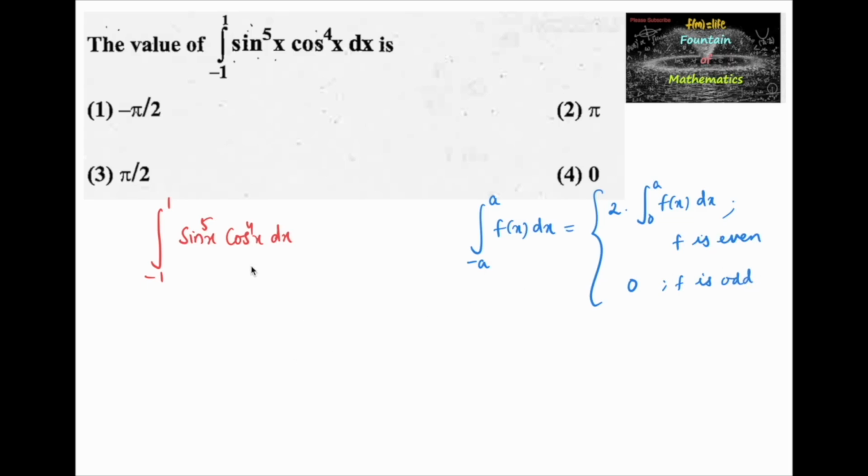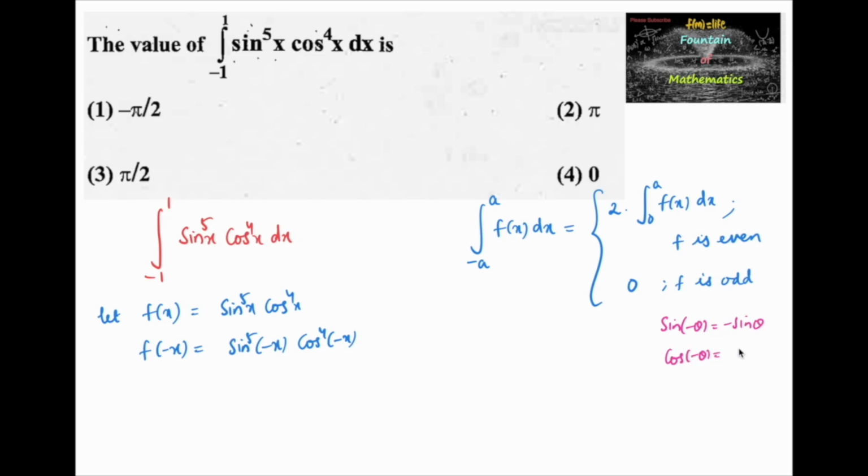So let us check whether this function f of x, let f of x is equal to sine power 5x into cos power 4x, whether it is odd or even. For that we need to take f of negative x, which is equal to sine power 5 of negative x into cos power 4 of negative x. And we know that sine of negative theta is equal to minus sine theta, and cos of negative theta is equal to cos theta.